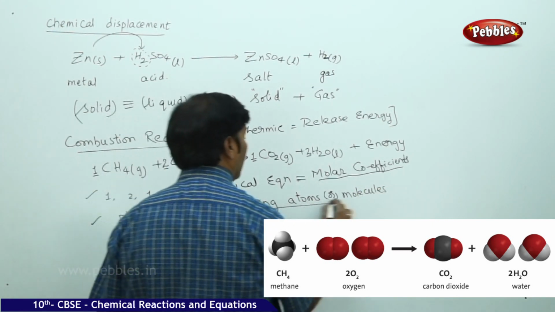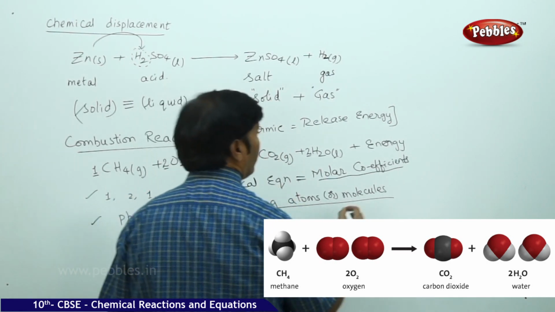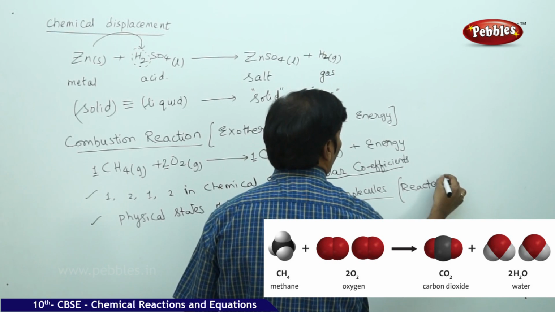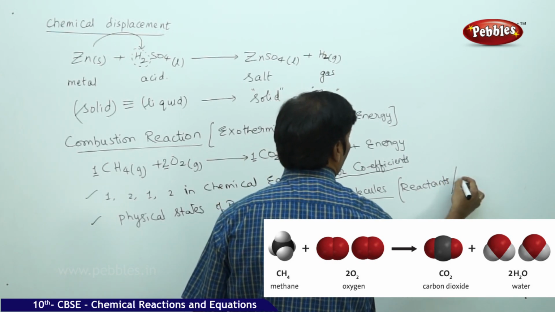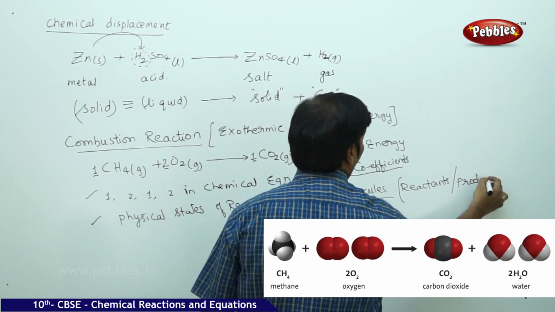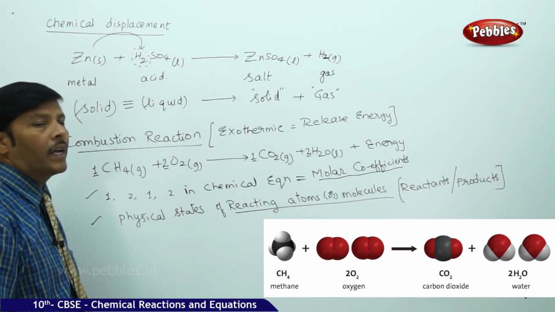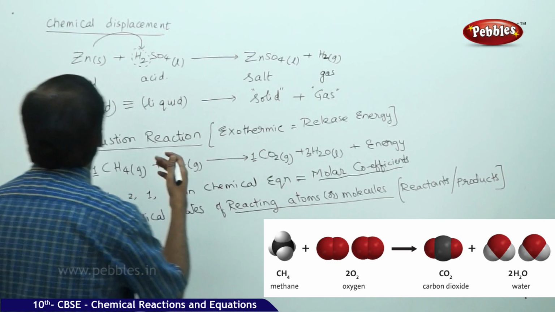These reacting atoms or molecules can be reactants or they can be products. This is the information we can gather. Like this, you can take as many examples.